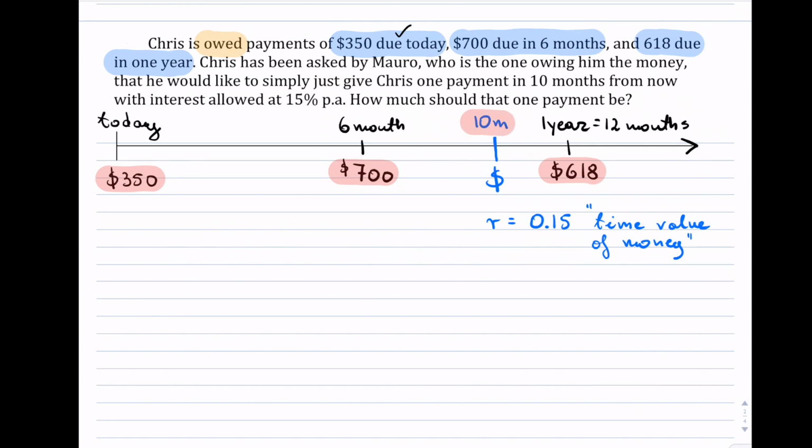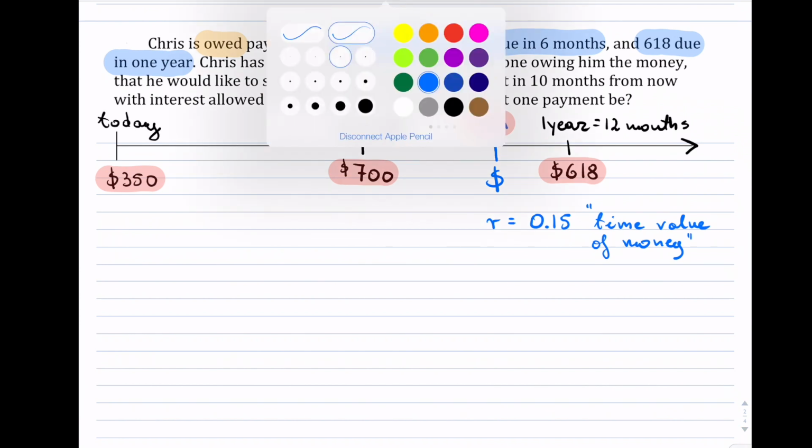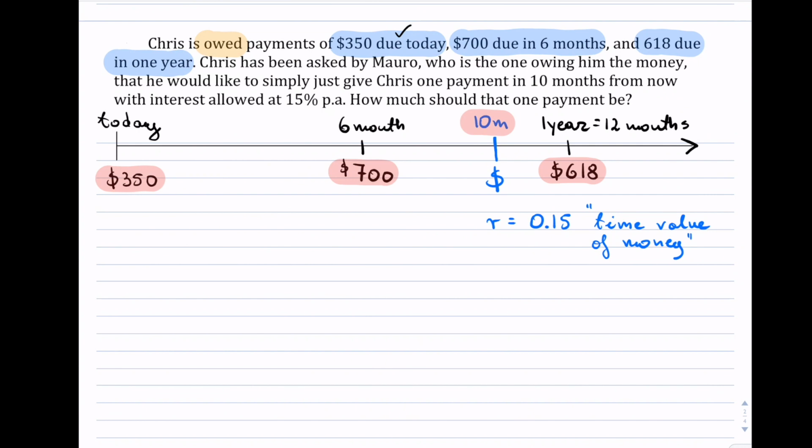Now, what does this represent right here, this 10 months? Well, that's a focal date. It's a focus date where what we want to do now is we want to try to see what all of these, $350, $700, $618, what are those equal to at 10 months? Well, the only way to do that is we have to find their equivalent values at 10 months.